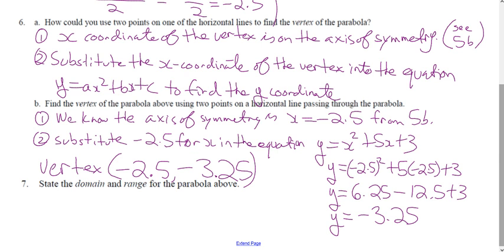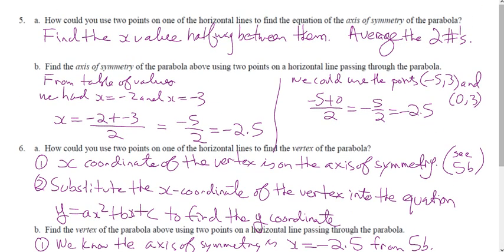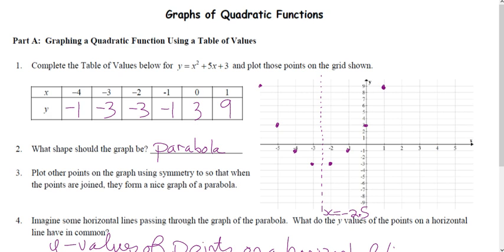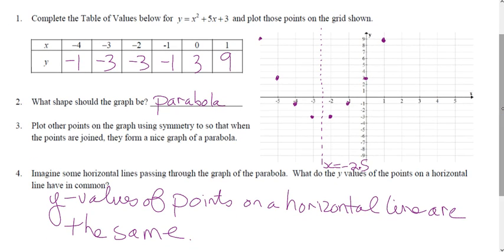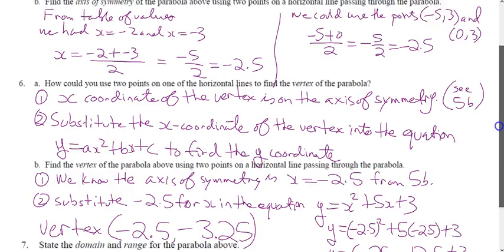State the domain and range for the parabola above. Okay, so if we went back in here, here's my vertex at negative 2.5, negative 3.25. It looks like this. So what can we say about the domain of every parabola ever?